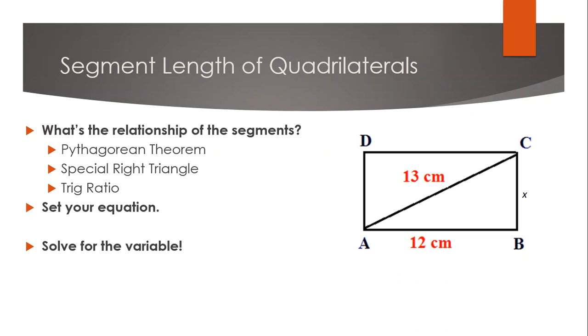In this case, it's the Pythagorean theorem, so we know that a squared plus b squared equals c squared, or in this case, 12 squared plus x squared equals 13 squared. When we solve for the variable, we get 144 plus x squared equals 169. X squared would then equal 25. Therefore, x equals 5.